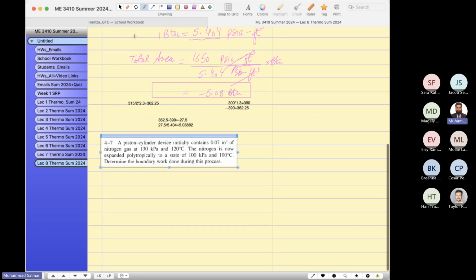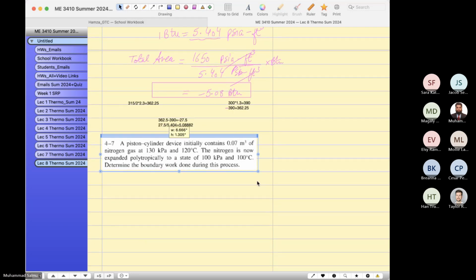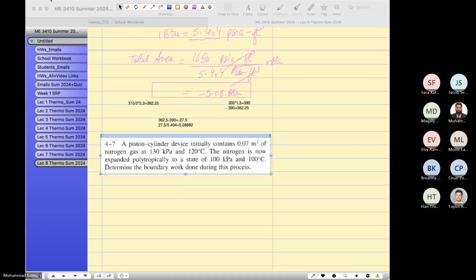Let us solve this question. A piston cylinder device initially contains 0.07.